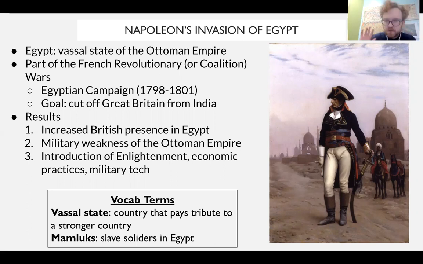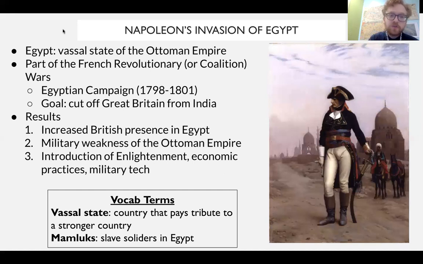Napoleon's going to come up with this weird plan, this crazy plan to disrupt the British economy. And by the late 1700s, the early 1800s, India is becoming the crown jewel of the British Empire. So, in order to prevent maximum efficient trade with India, the French are going to take the fight to Egypt.